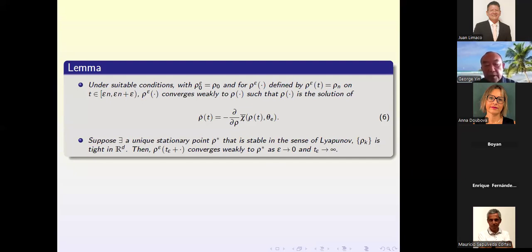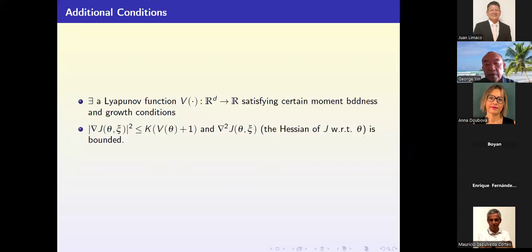So you get this thing that tells you roughly that if we take a long time, this rho epsilon, or the interpolated process, will converge weakly to a rho star, where rho star is the optimal learning rate.